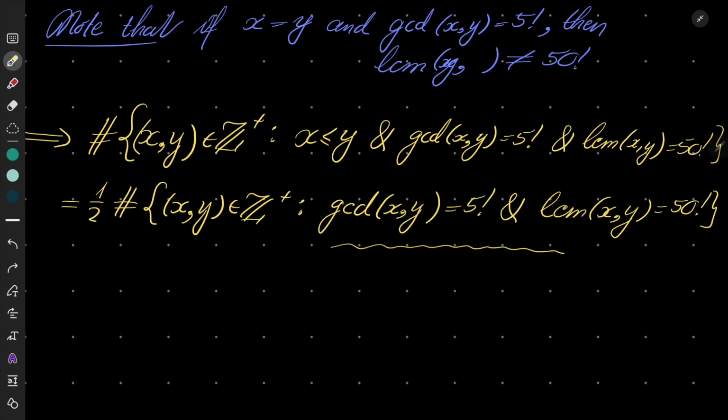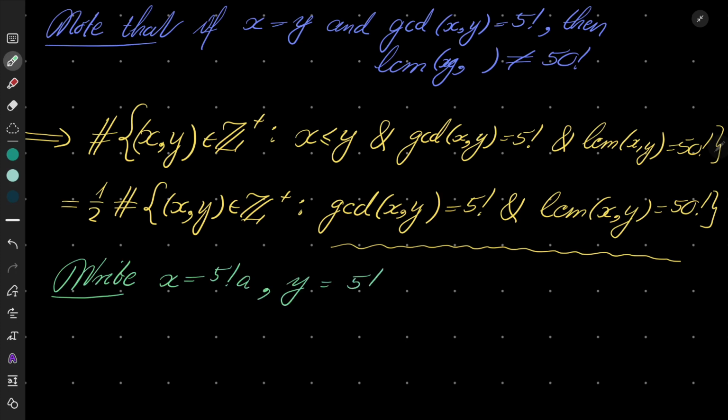How many pairs of numbers x and y satisfy these two conditions at the same time? So let's write that x equals 5 factorial times some number a, y equals 5 factorial times another number b, where a and b are positive integers, and moreover they are co-prime.